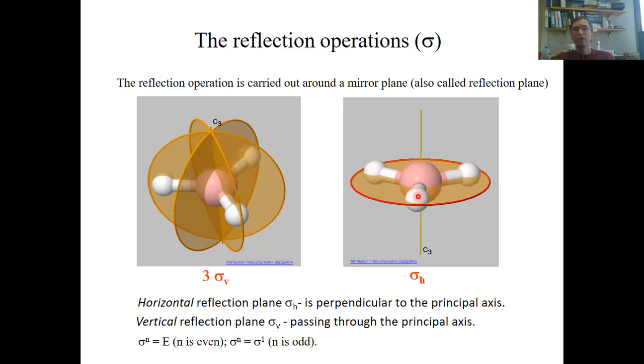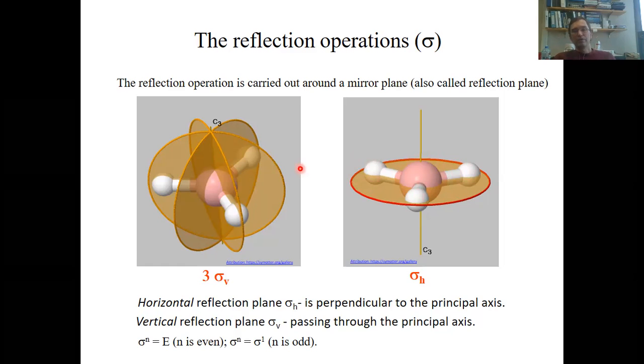So still points within the object are being moved, and that's the deciding criterion, not necessarily the entire atom has to move in order to have a symmetry operation present.